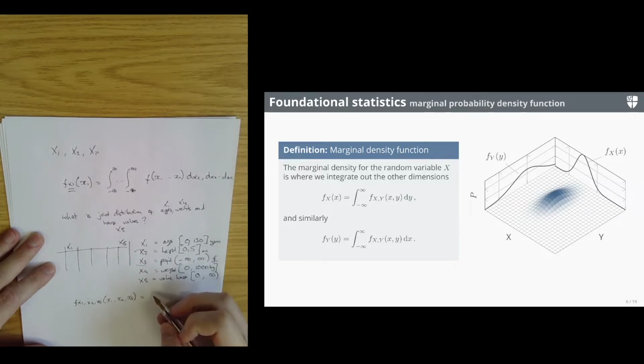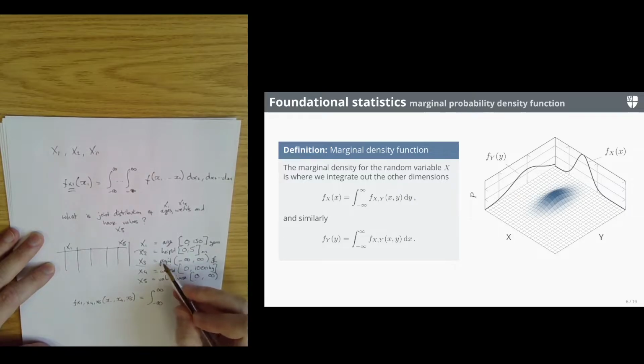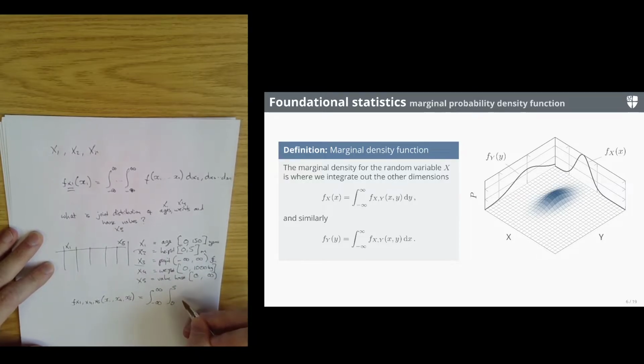We go inside out, so infinity for the profit, and then 0 to 5 for the height, so that's over this domain. We evaluate for all variables, so it's going to be f of x1, x2, x3, x4, x5, but we're only going to integrate over dx2 and dx3.